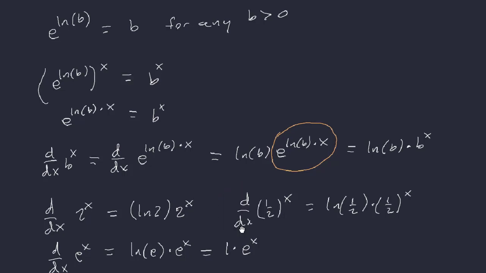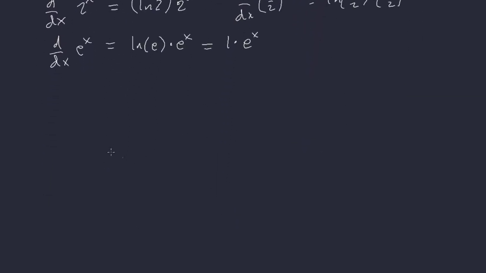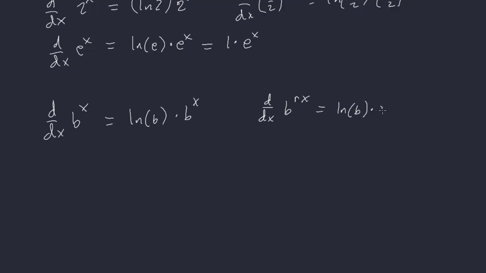So, that is the more generalized rule, that the derivative with respect to x of any base to the x is the natural log of the base times b to the x. And then we can generalize it one step further with the same idea, that the derivative with respect to x of b to the rx is equal to the natural log of b times r times b to the rx.